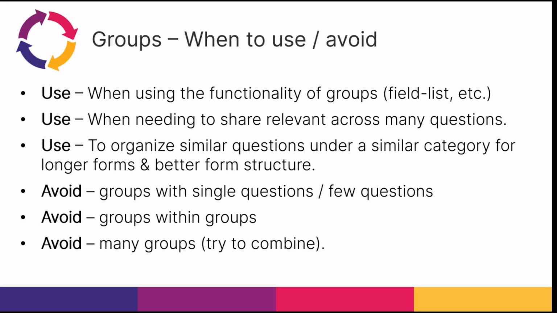Another reason is that if you have lots of relevance, so if you say these questions should only appear when this other value is selected, you don't necessarily want to apply that to every question in the group. You can apply that to the group itself, and then all the children of the group, the questions in the group meaning, are going to have the same logic applied to it.